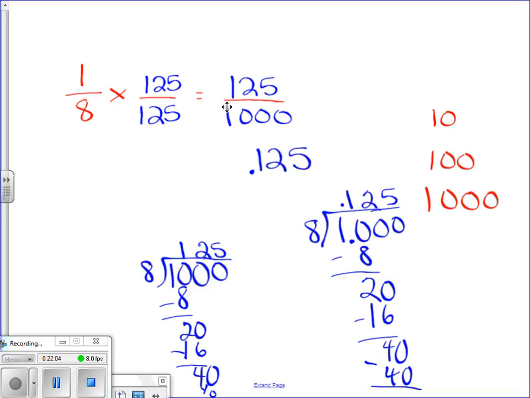Well, I also know that this doubled will be 250. So if we have 2 8ths, it's 2,500 behind the decimal.